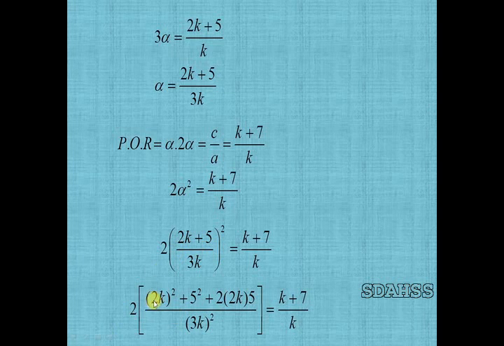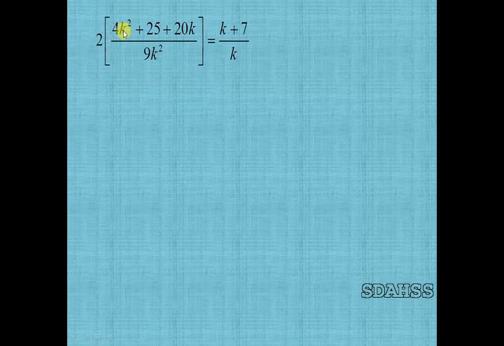So it can be written as (2k) whole square plus 5 square plus 2ab, divided by (3k) whole square, is equal to (k plus 7) by k. Then (2k) whole square means 2k into 2k, 4k square. 4k square plus 5 square means 25, plus 2 into 2k into 5, 20k, divided by (3k) whole square, 3k into 3k, 9k square. So this equation can be written as 2 into (4k square plus 25 plus 20k) divided by 9k square is equal to (k plus 7) by k.